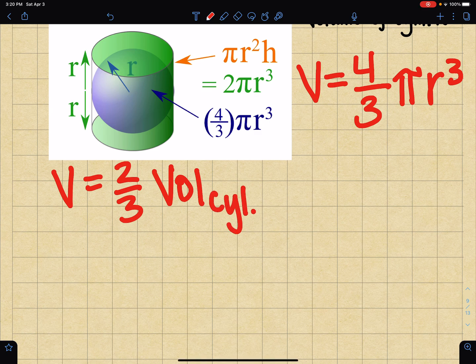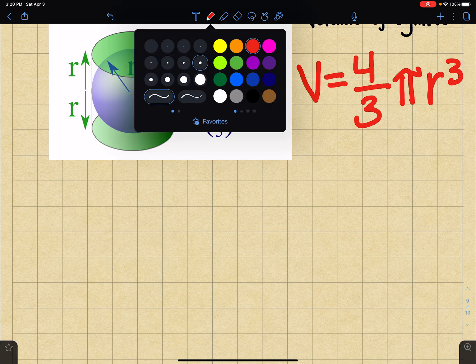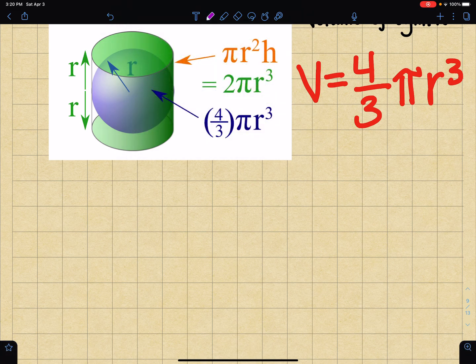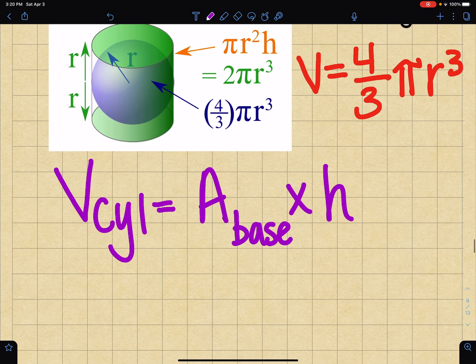Okay, so how does that help you remember it? Well, maybe it does and maybe it doesn't. But do you remember how to figure out the volume of a cylinder? Okay, the volume of a cylinder is the area of the base times the height. Okay, and if the area of the base exactly fits that tennis ball, take a look at the area of this base. What is it going to be?